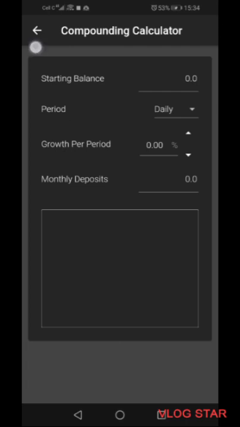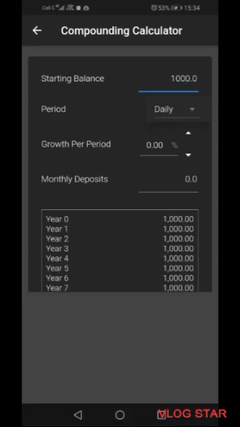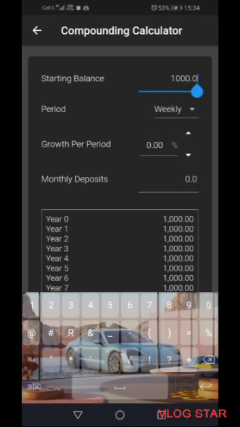Let's say, for example, your starting balance is $1,000, maybe you're a big baller, and let's say you grow your account by 5% weekly with zero monthly deposits.